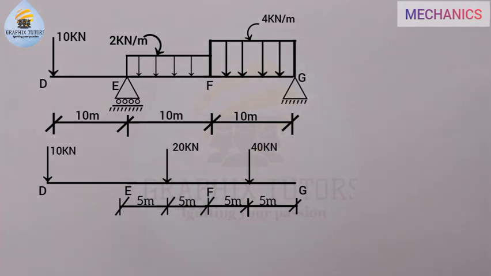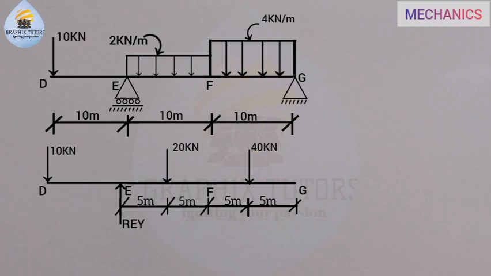Now, if you look again at point E, we have a roller support. So the reaction of that roller support will be facing upward, right? A roller support has one reaction. Now you go to the next one, which is at point G, where we have a hinge support, right?